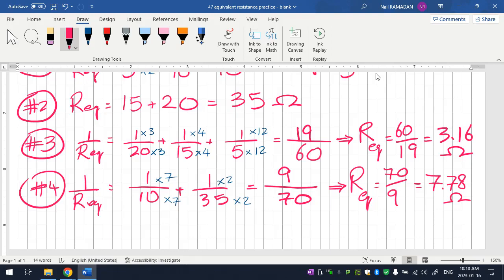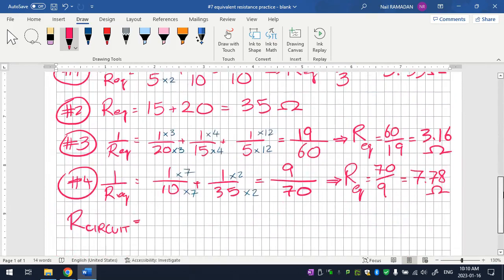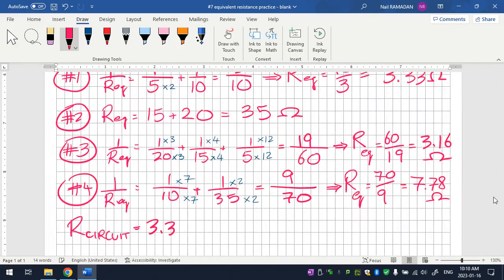What do I do with all of them now? Add them up. So R circuit equals, I think it was 3.33 plus 3.5 plus 3.16 plus 7.78.